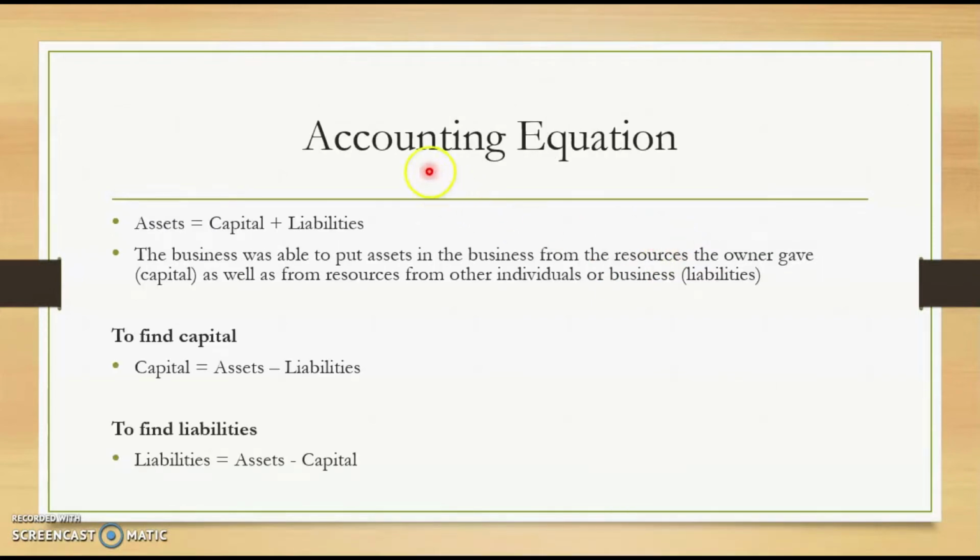Now we're looking at the accounting equation. In order for us to go about doing the balance sheet, we have to understand what equation we use for it. So this can be called the balance sheet equation: assets is equal to capital plus liability. Again, if you're focusing on a business, this is the business assets, capital, or liability we're looking at, not another person, no one outside.